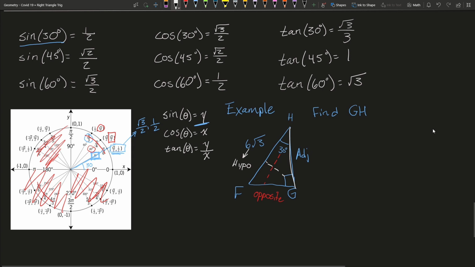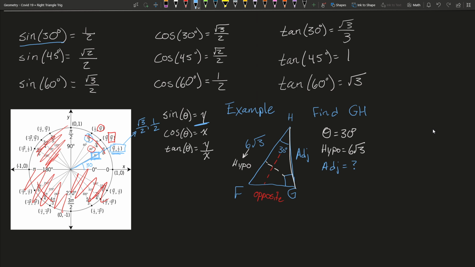All right, so let's just label what we have. We have this angle theta, that's 30. We have the hypotenuse, that's 6 rad 3. And we need the adjacent. So we have to take that and solve for the adjacent using one of those sine, cosine, and tangents.